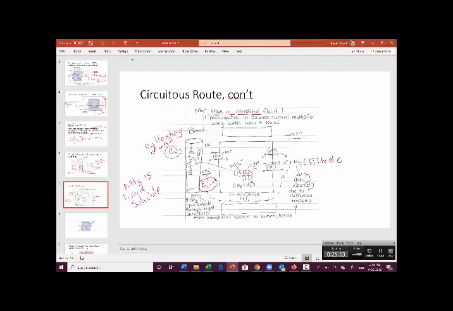I'm going to get back in the body. I'm not going out of the body. I'm going to stay here. And only to have it come right back out of the interstitial space back into the filtrate. That's why, again, this is circuitous.